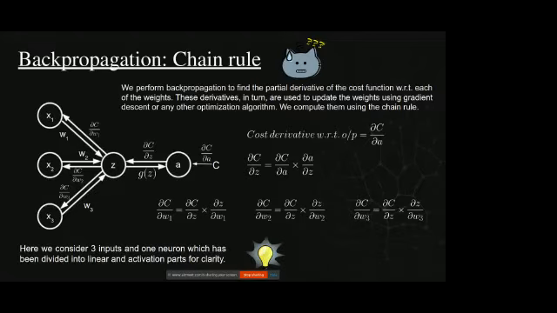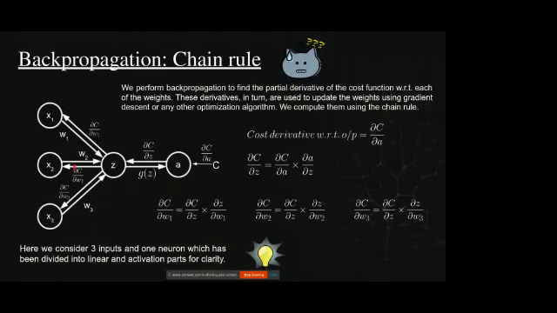Now, first, what we need to know is, what do we mean by gradient? By gradient, we mean that we calculate the partial derivative of the cost that we have got with respect to each of the weights. So I'll repeat again, it is the partial derivative of the cost function with respect to each of the weights. Now, this diagram right here is a perceptron model, which is just a single layer.